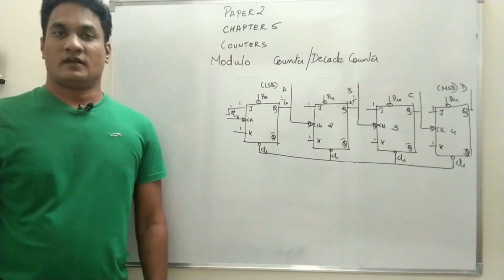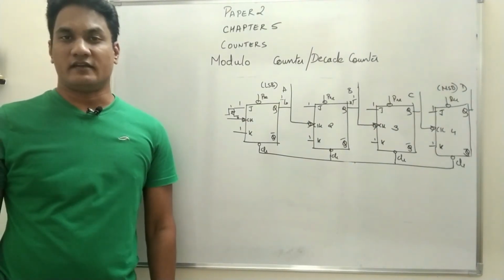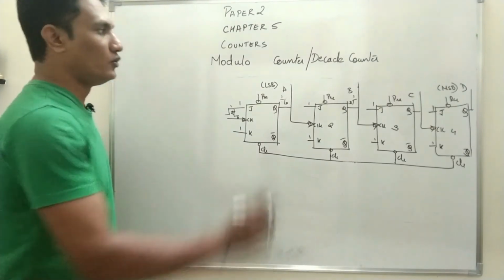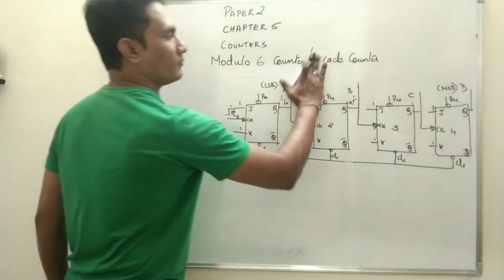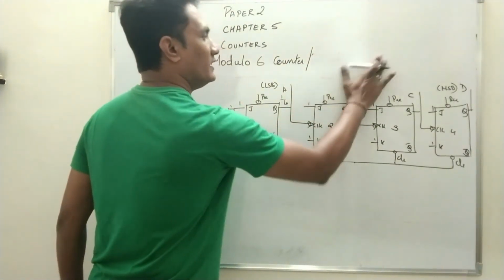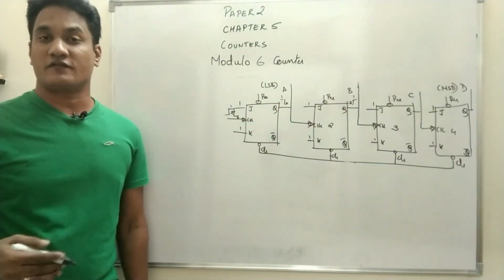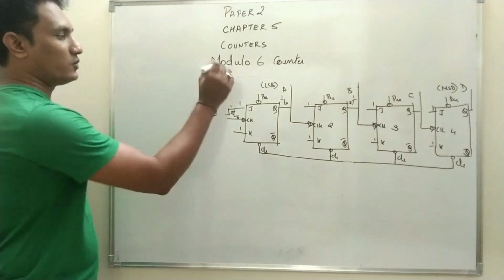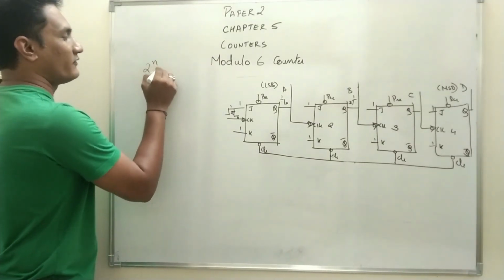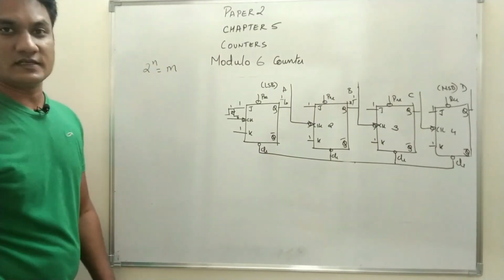Let us now design one more modulo counter, say modulo 6 counter. So again I'll tell you the number of steps which has to be followed. The first one is to decide the number of flip-flops. 2 raised to power n is equal to m.